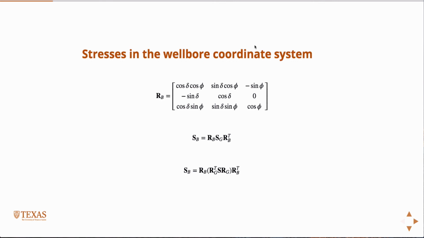Or take it one step further, if you're given the stress tensor in the principal stress frame, and you have the rotation matrix to the geographic frame, then basically we just replaced SG with RG transpose S RG, put that in there, and you have this equation here that will take you from the principal stress frame to the borehole.